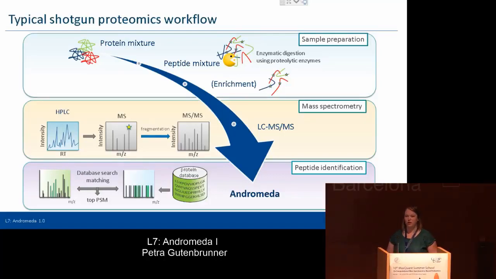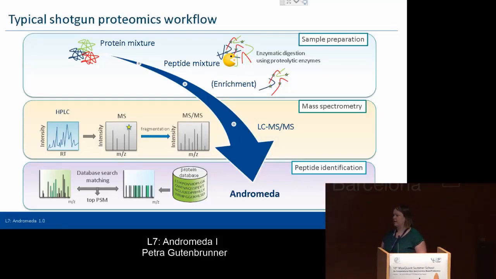Probably you all are already familiar with that, but I'll just repeat it quickly. Everything starts with a protein mixture, and you digest those using proteolytic enzymes into a complex mixture of peptides. If you do, for instance, phospho analysis, you're specifically interested in phosphorylated peptides, like indicated here with the star, and you're able to enrich for them because they're low abundant.